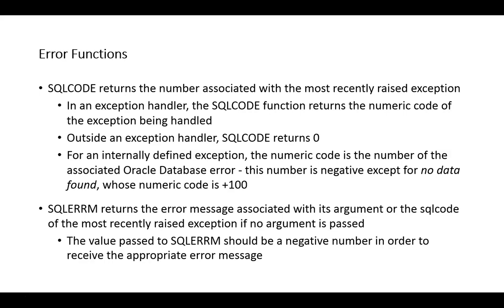The value passed to SQLERRM should be a negative number in order to receive the appropriate error message. So you can retrieve the error message with SQLERRM, and this will return a maximum of 512 bytes. This is the maximum length of an Oracle database error. Now, a complete list of all valid Oracle error numbers can be found in the Oracle database error messages reference.